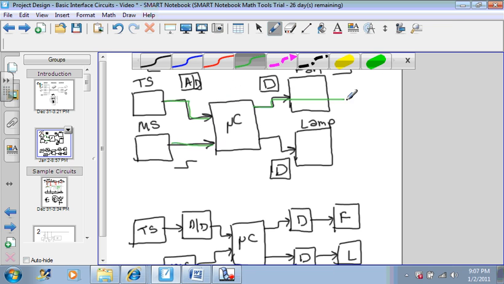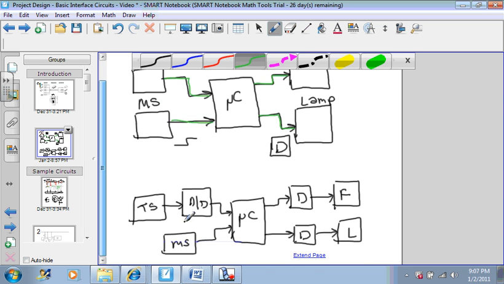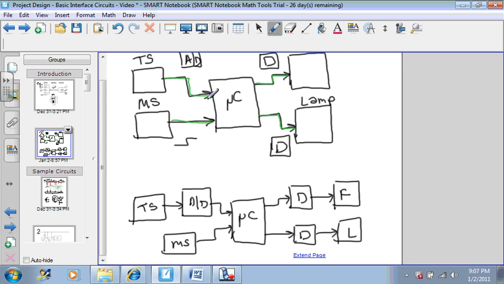So as you can see, your block diagram did not show you the power. It only showed you the signal information. It did not show you the power. So when you make your final design, you have to add the power rails to your results.